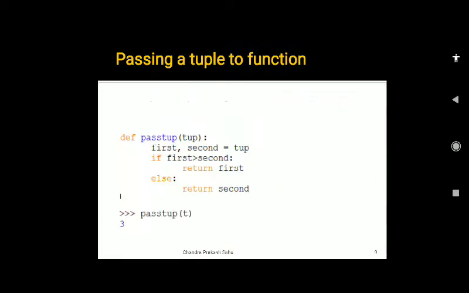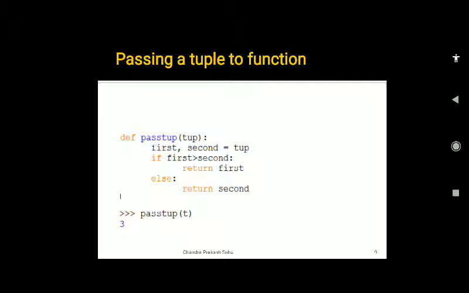So when you run this function pass t, it returns a value 3. You can take the returned value in another object. For example, you can write a equals pass tup in brackets t, so the value 3 that was returned by this function will be assigned to a.